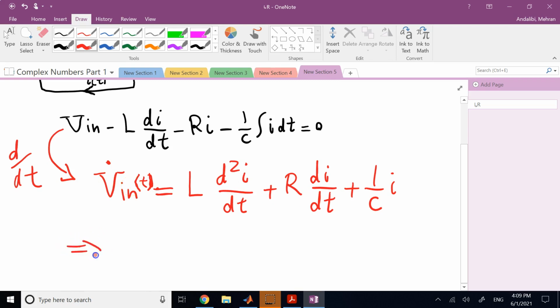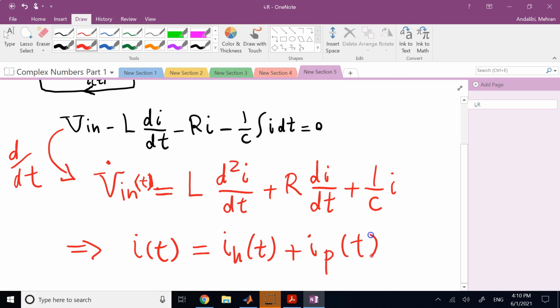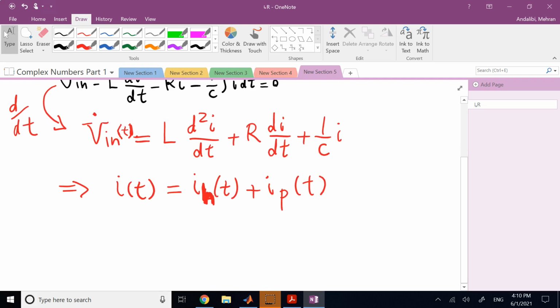So the solution I of t will be a homogeneous solution plus a particular solution. The particular solution depends on this function V dot of n, how that kind of function is. The homogeneous solution does come from, again, what? It does come from the auxiliary equation, correct?